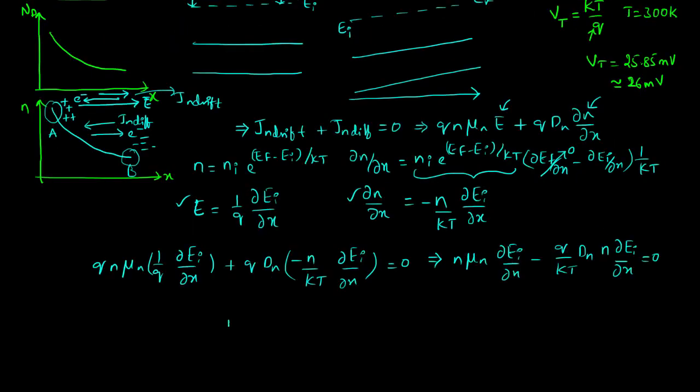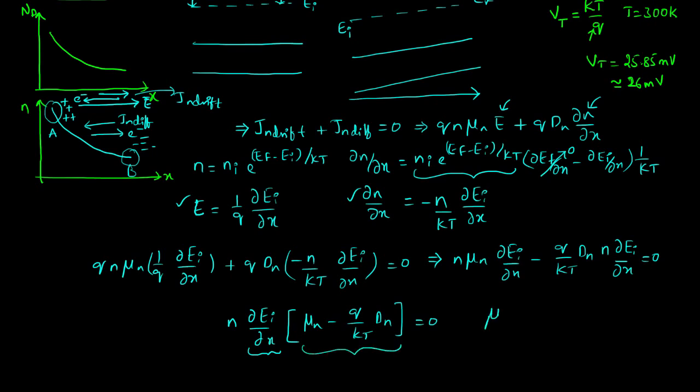Now we can take n times del Ei over del x common in this equation, which can be written as mu n minus Q over kT times Dn. This should be equal to 0. We know that n is not 0 because there is electron concentration in the semiconductor, and dEi by dx is also not 0 because we know Ei is changing with respect to distance. And the only quantity that can be 0 is this.